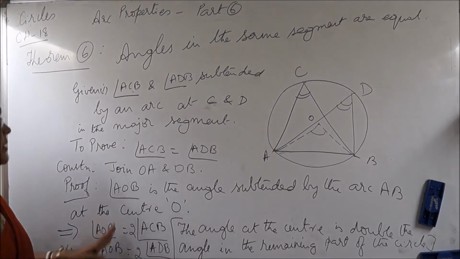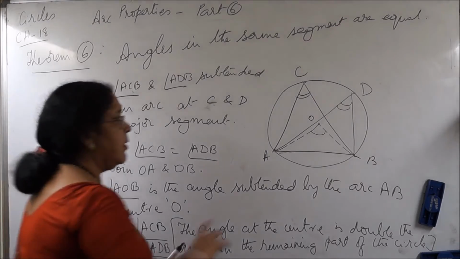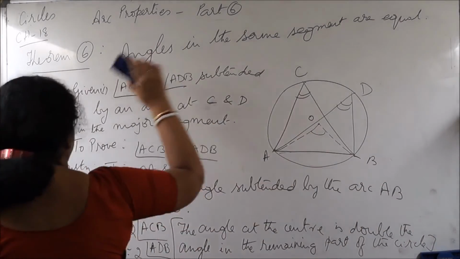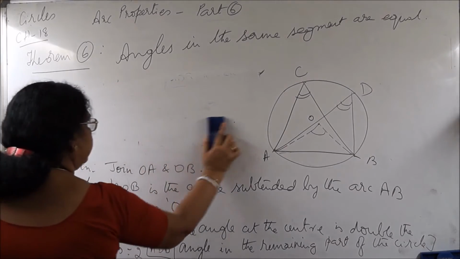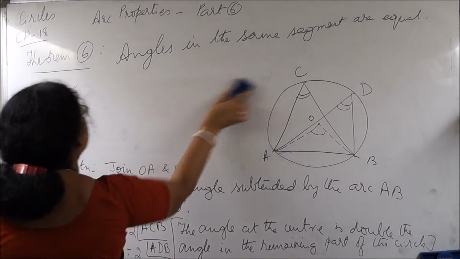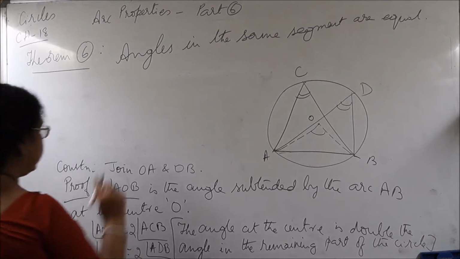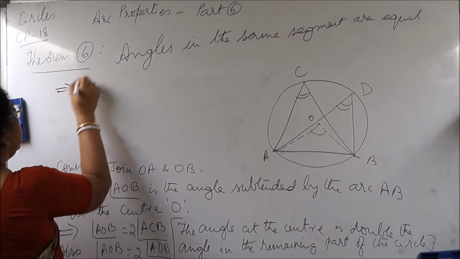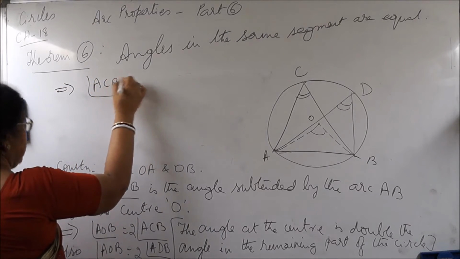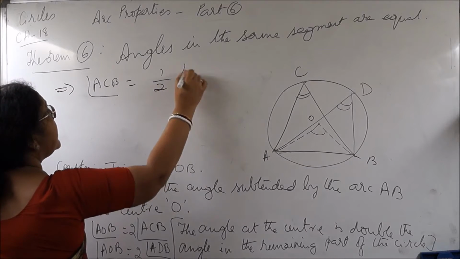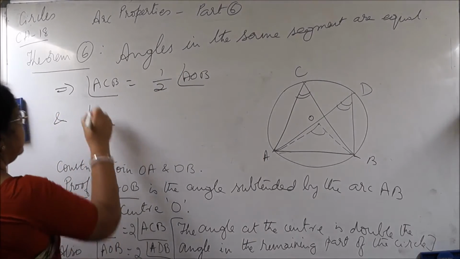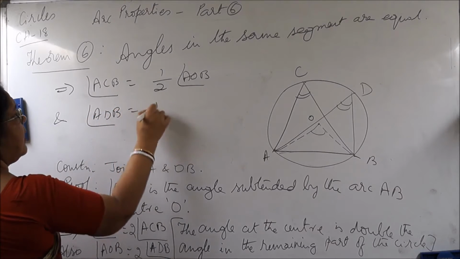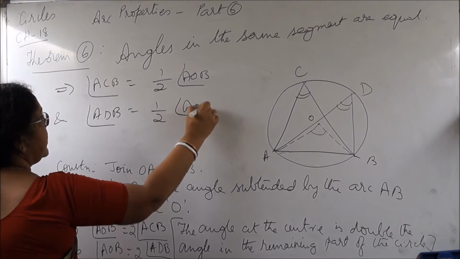So this implies that angle ACB is equal to half of angle AOB and angle ADB is equal to half of angle AOB.